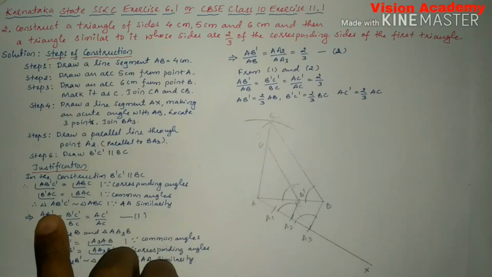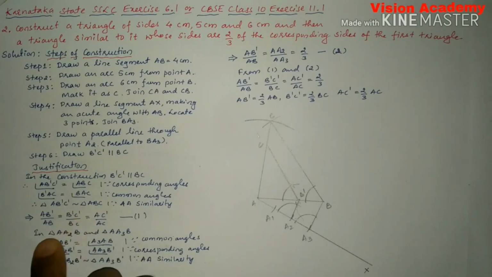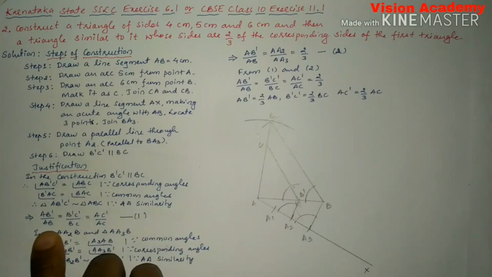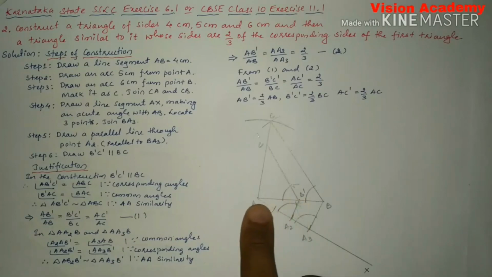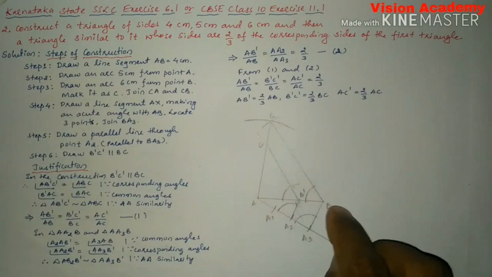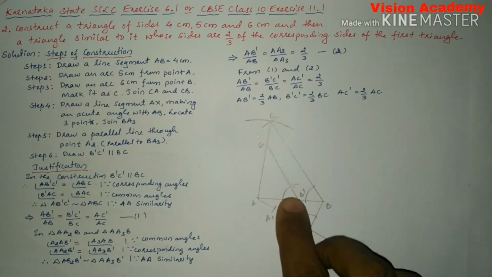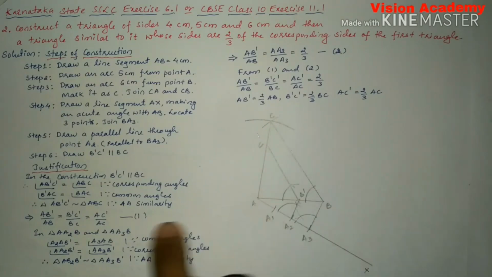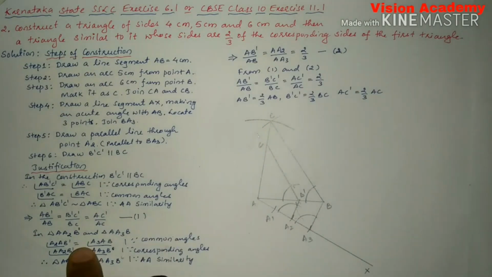So both of these two triangles are similar as per angle similarity criterion. So this implies AB dash divided by AB, and B dash C dash divided by BC, and AC dash divided by AC. Let us consider this one as equation number 1.